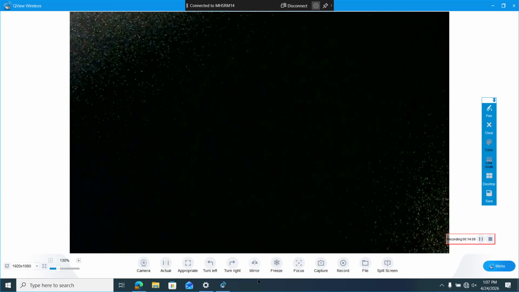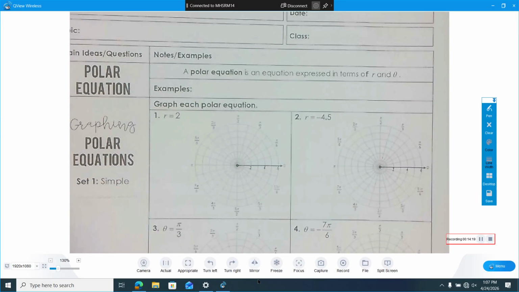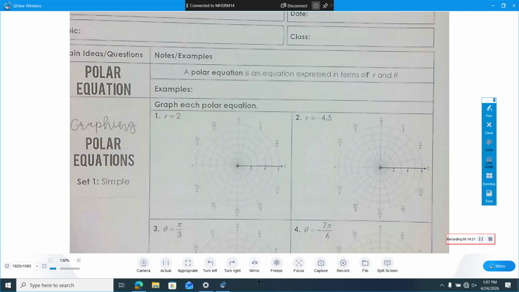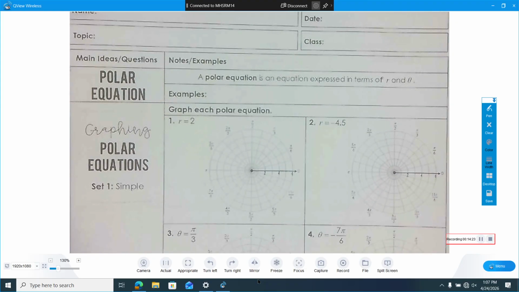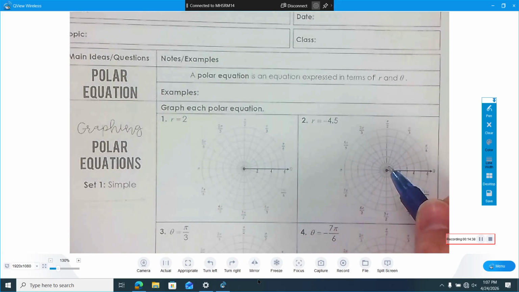Let's see. We're going to turn the page. Not to the back, we're going to skip the back. We're going to do a little bit of graphing because I wanted to get you started on graphing. A polar equation is an equation expressed in terms of r and theta.